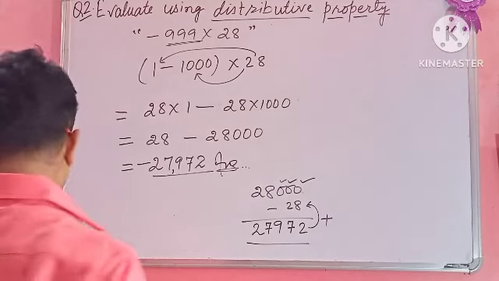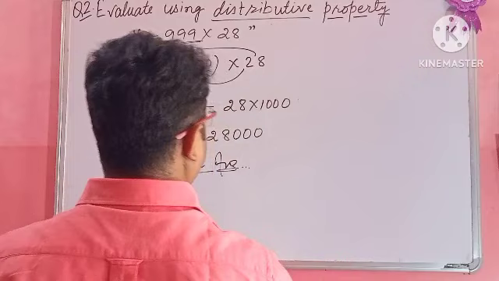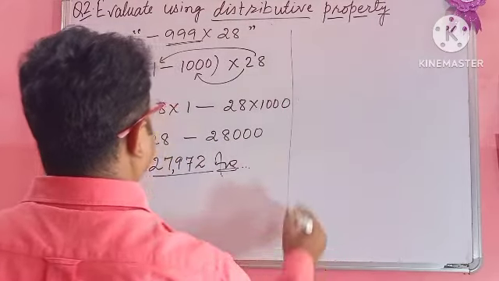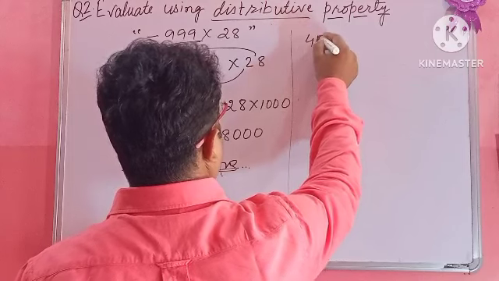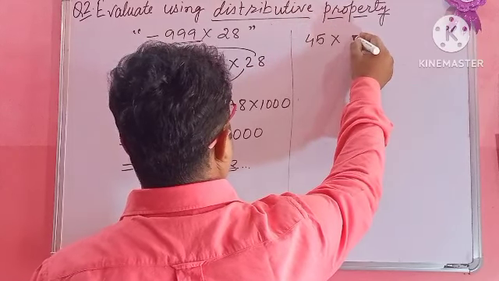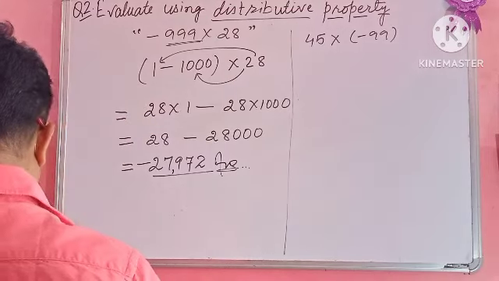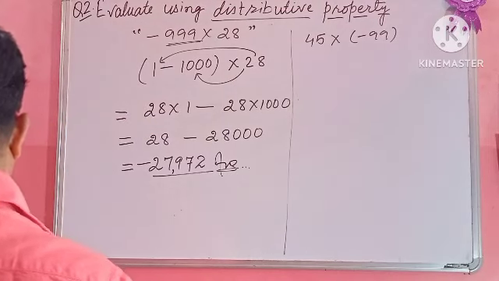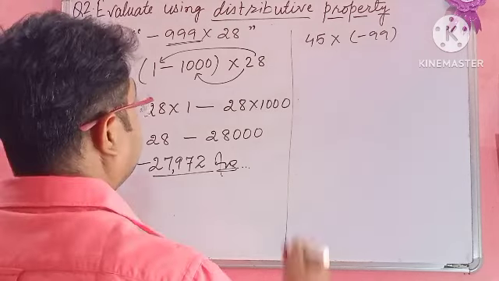Okay, now let me take another example. Suppose, take another example, take 45 multiply minus 99. 45 multiply minus 99. So how can we solve this 45 multiply minus 99?